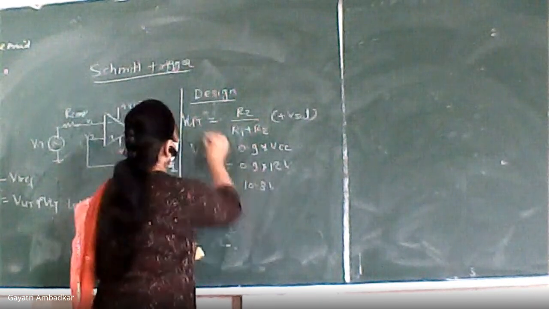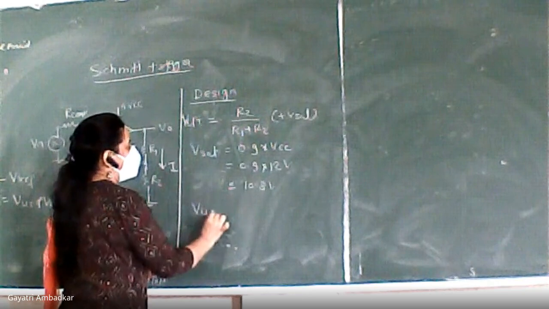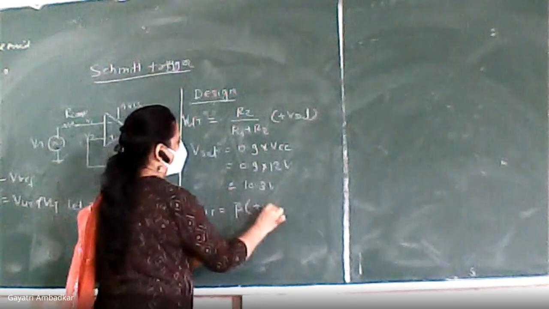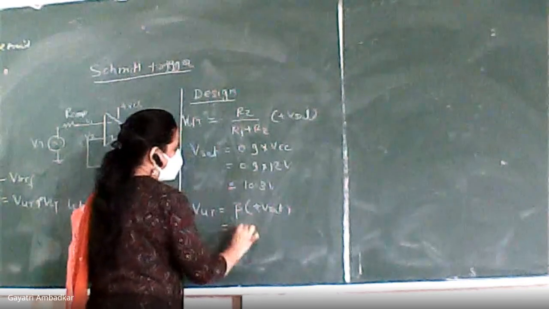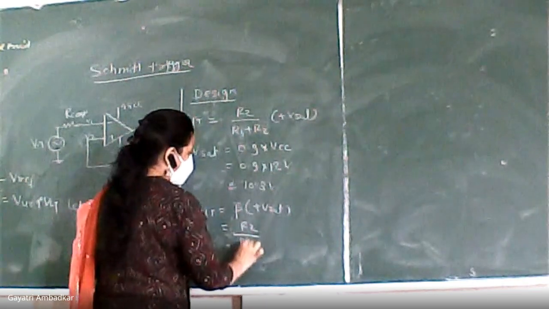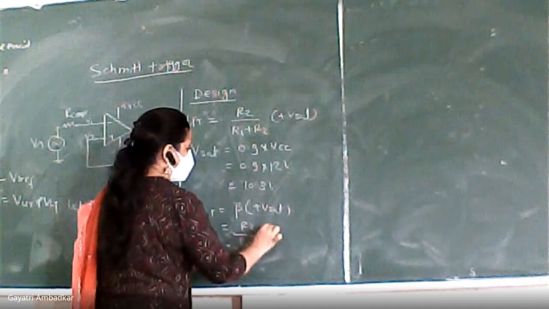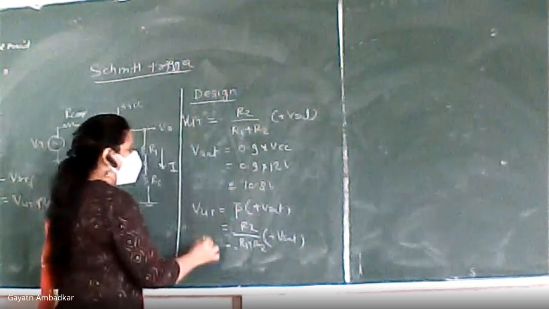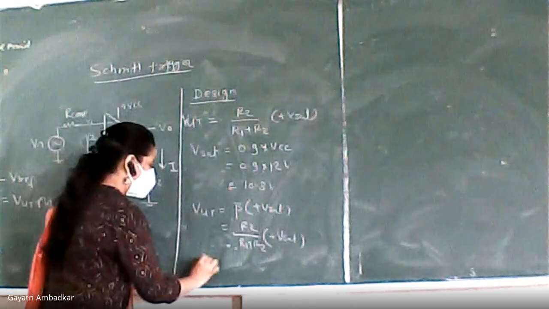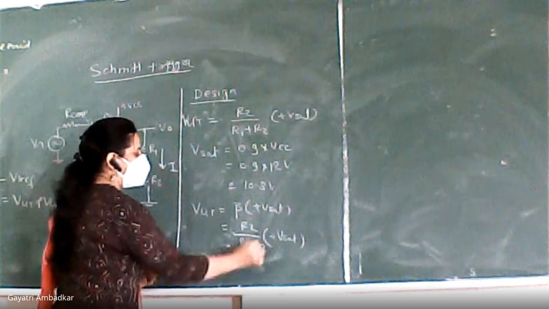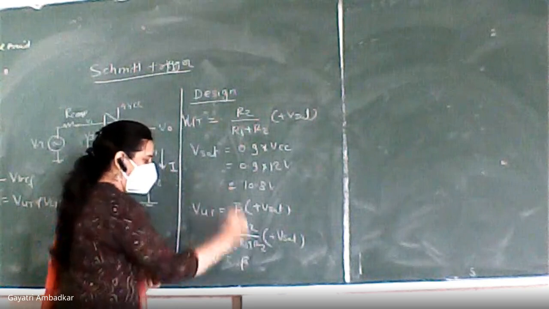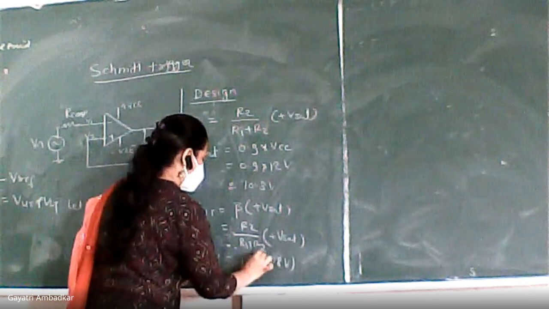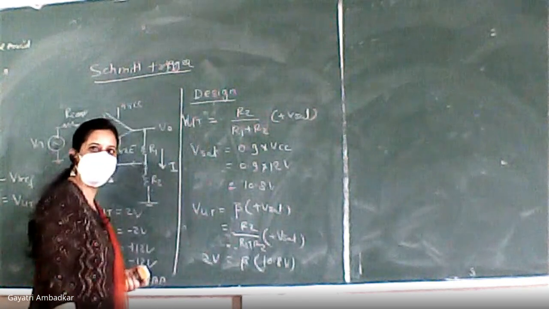10.8 volt. Your VUT is equal to beta times plus Vsat, where beta is nothing but R2 upon R1 plus R2. So how much is VUT? It is 2 volts. This ratio I don't know. And Vsat is 10.8 volt. From this, can you find beta?